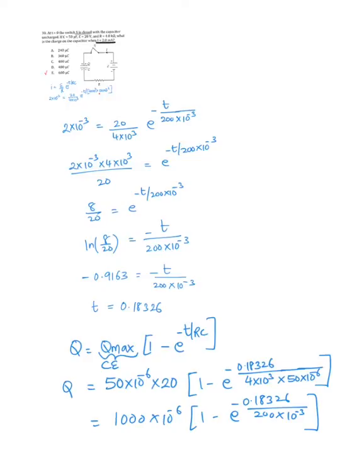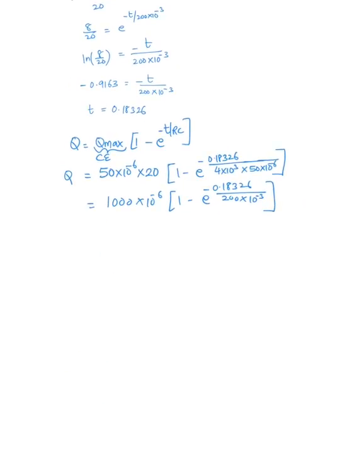So I'll write down Q here. Q is equal to 1000 into 10 to the power negative 6, times 1 minus e to the power of, this comes out as negative 0.9163, and now we have to do the rest of the calculation.